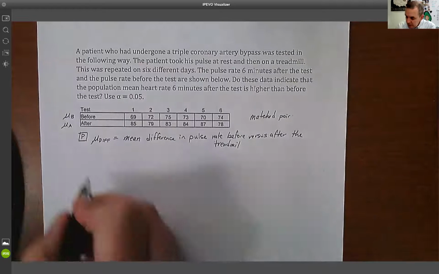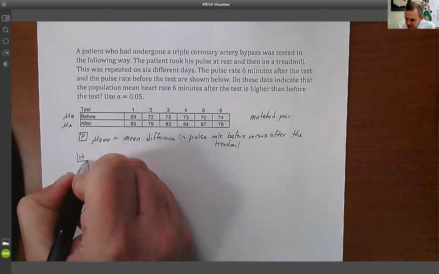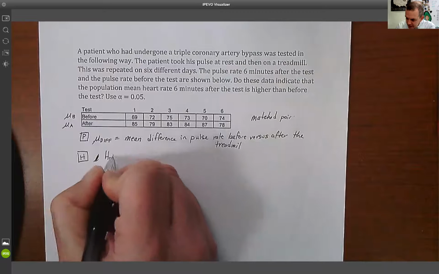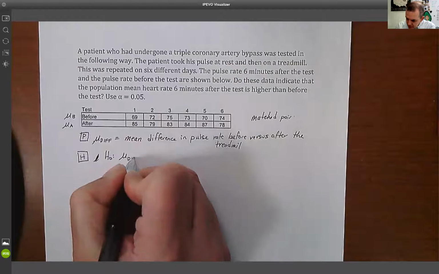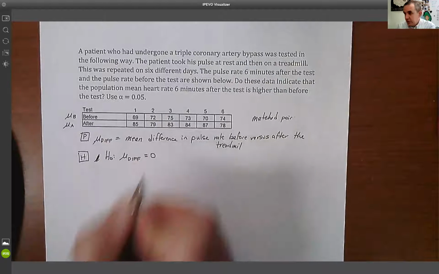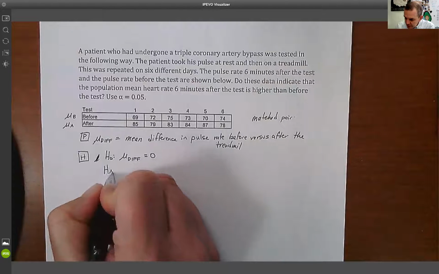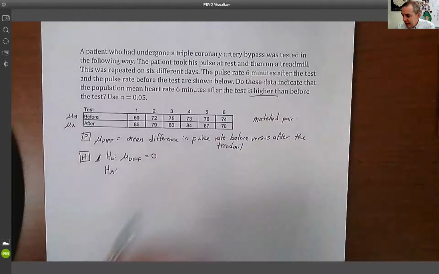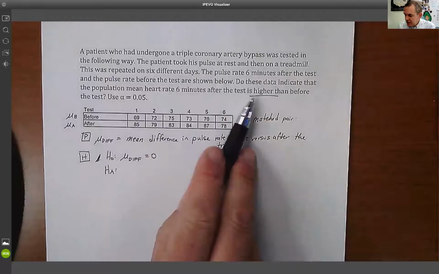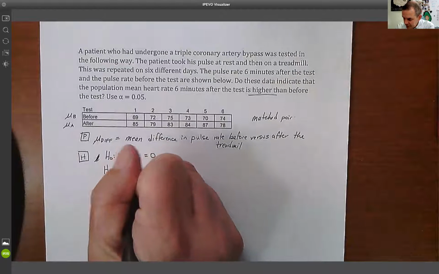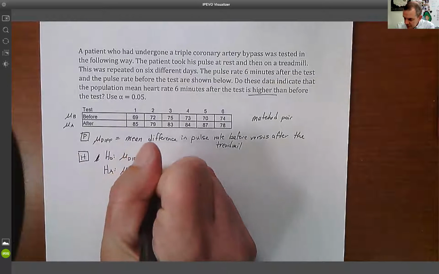So my null hypothesis is that there is no difference. My alternative is it's higher than before, that the population is higher than before the test rate. So basically what we're saying is that that mean difference is greater than 0.